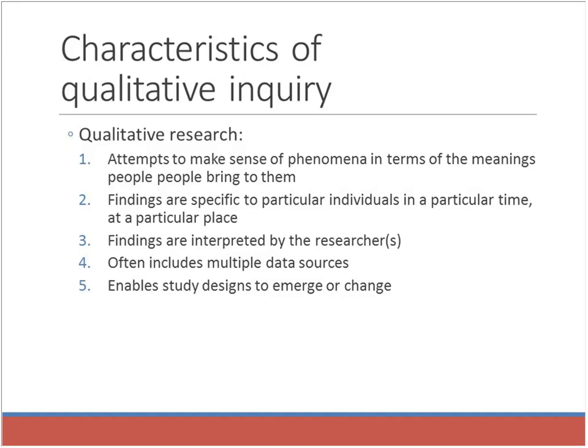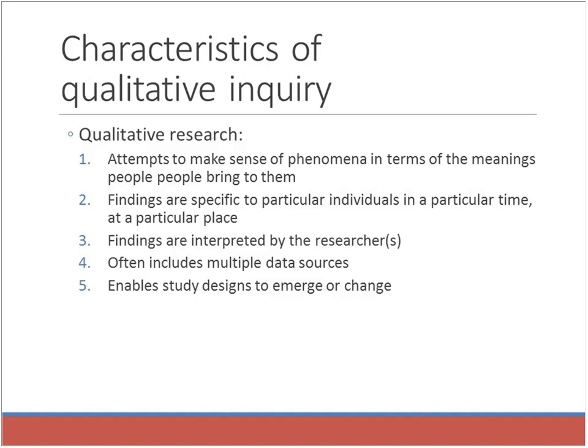A third unique characteristic of qualitative inquiry is the role of the researcher. The researcher in qualitative work is really a key data collection instrument. Now in quantitative research, the researchers often remain largely behind the scenes. You could mail out surveys and analyze the results without ever really encountering a participant.